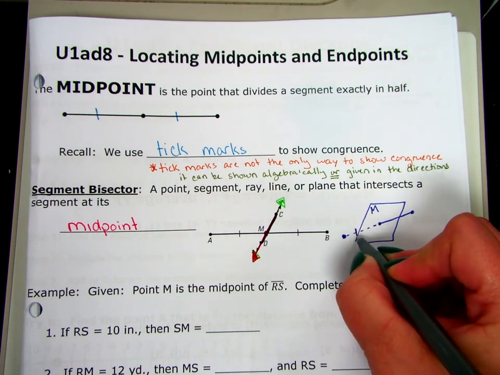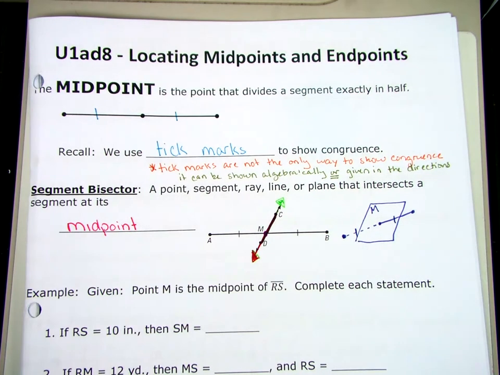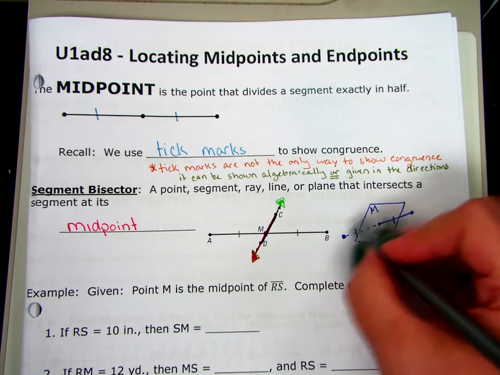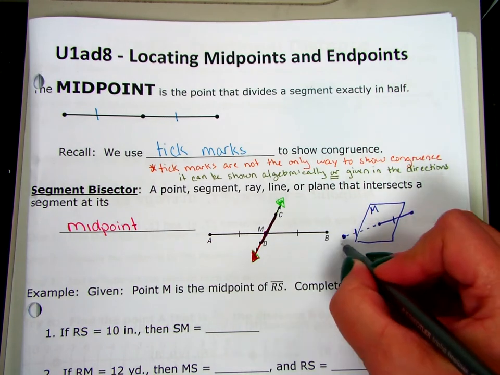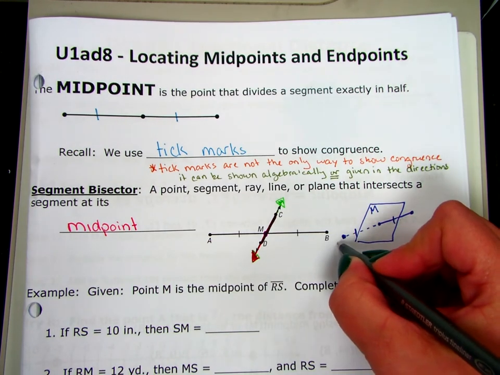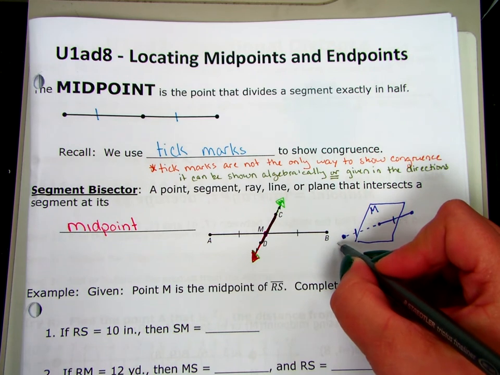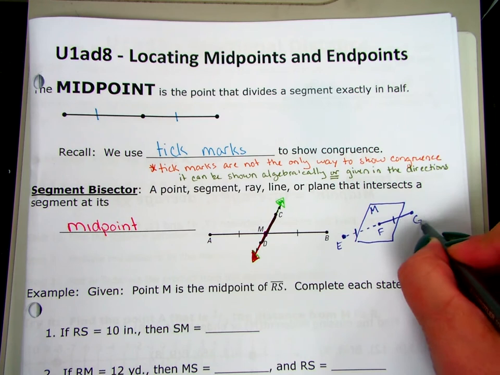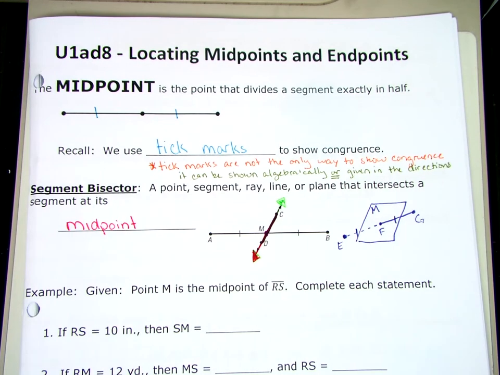So if this side was equal to this side, and we've already used A, B, C, D, and M, we could say this is maybe E, F, and G. We could say that plane M is a segment bisector of segment what? What would I name the segment?